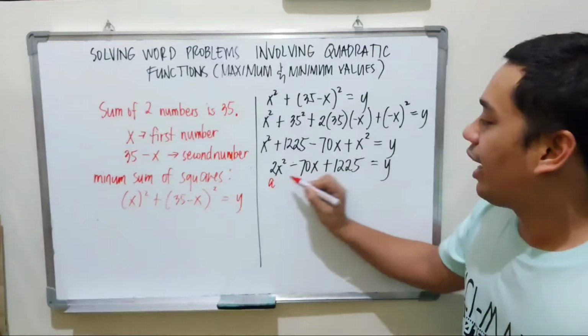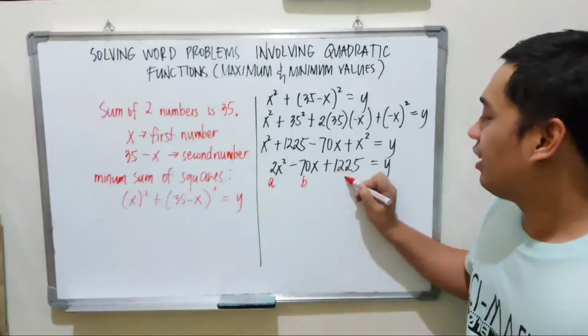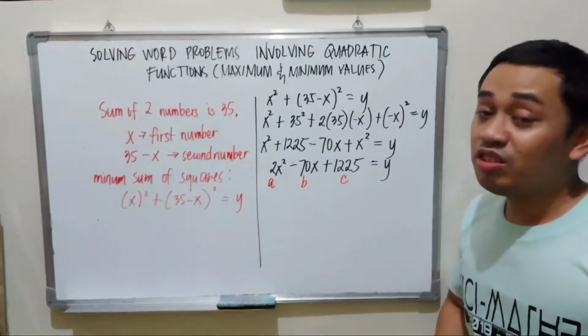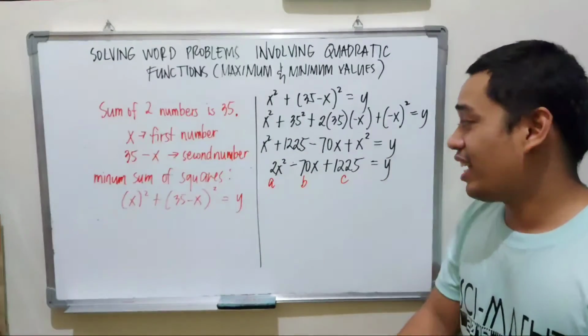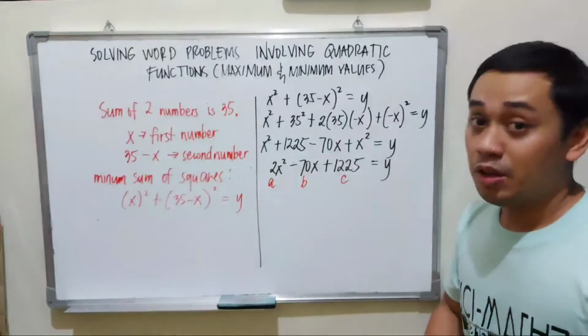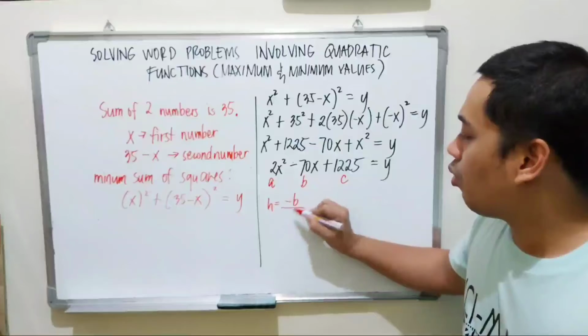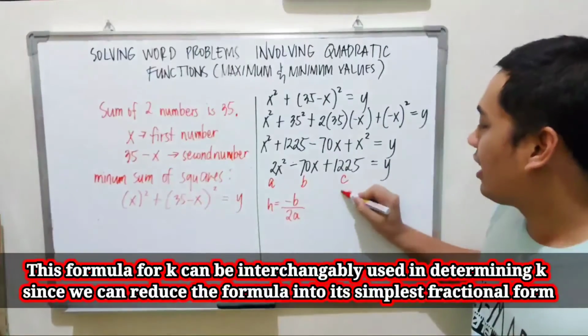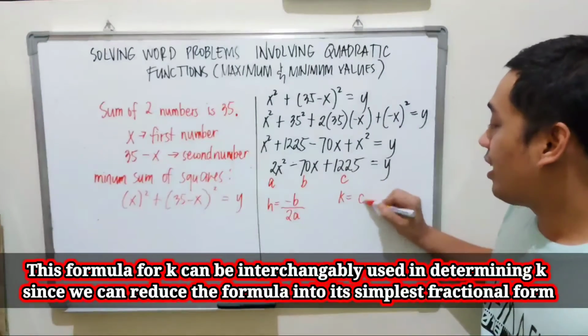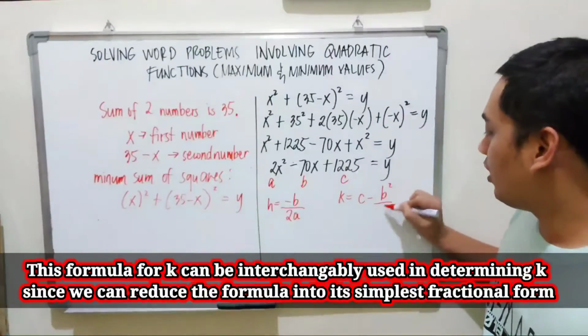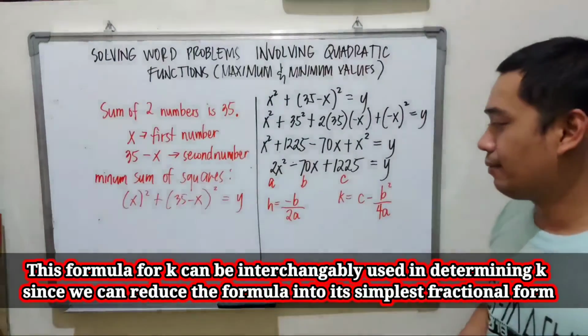Now we have our a, b, and c. We try to solve for the value of h and k using the following numbers. So h is given by negative b over 2a, and k is given by c minus b squared over 4a.